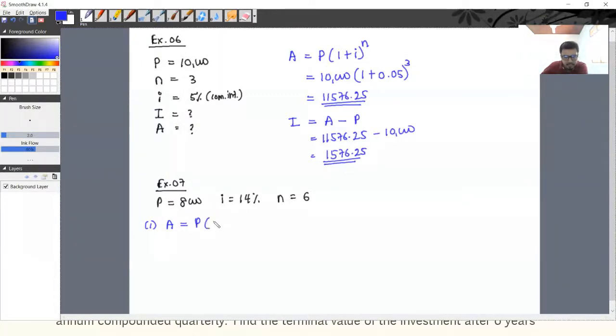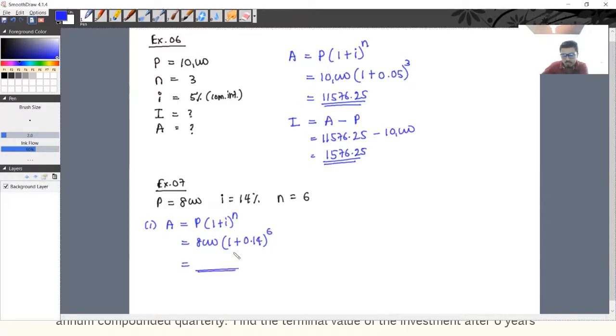P into 1 plus I to the power n. The value of P is 8,000. 1 plus interest rate 14% to the power n, that is the n value is 6.